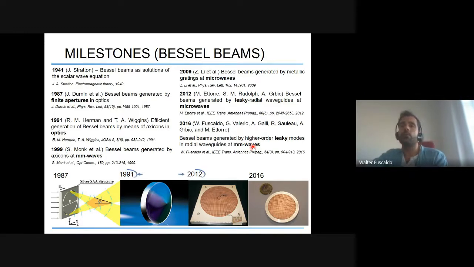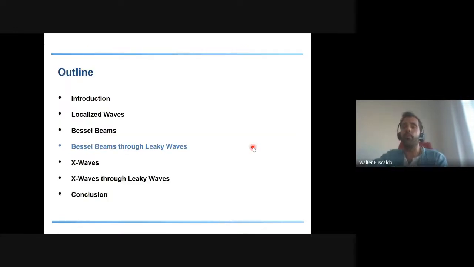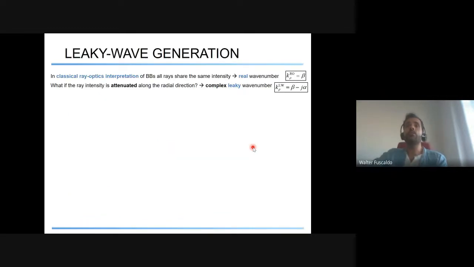Okay, so let's move to the generation of Bessel beams through leaky waves. In the previous explanation of the generation of Bessel beams through a classical ray optics interpretation, I tacitly assumed that all rays shared the same intensity, and this implied that the wave number was always a real quantity.